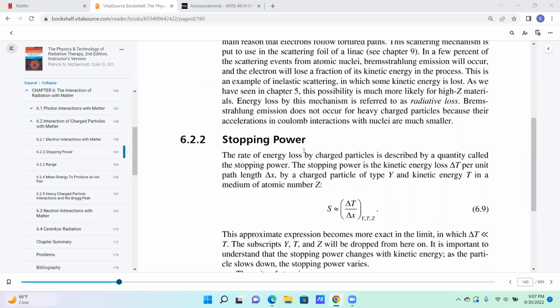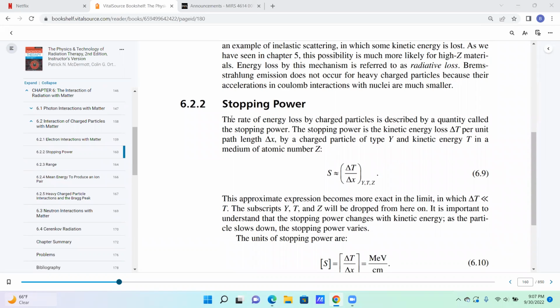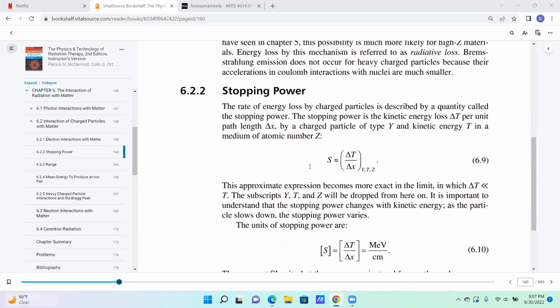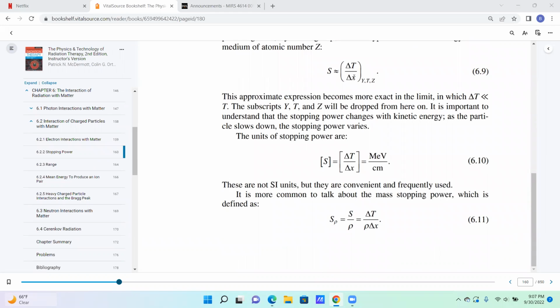Now, this leads to stopping power. The rate of energy lost by charged particles is described as a quantity called the stopping power. It is the kinetic energy loss, or delta T, per unit path length. In other words, how much energy do you lose for a certain amount of distance? There are a lot of subscripts that go along with this, but a lot of those are going to end up getting dropped.